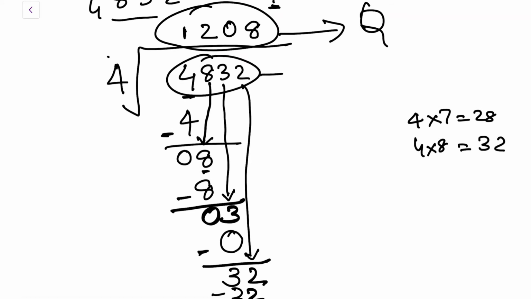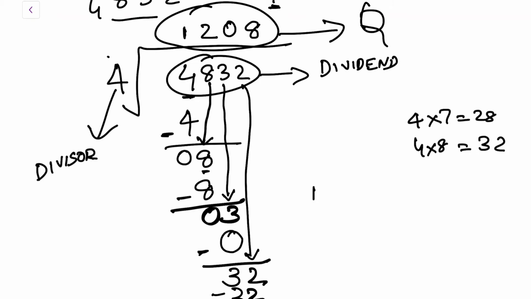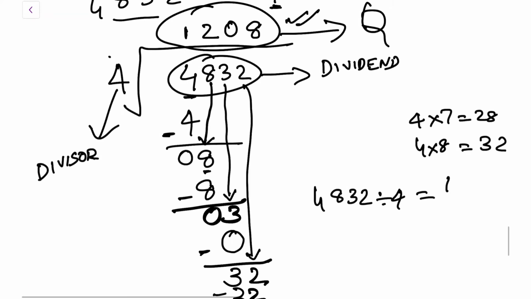Alright. This is your dividend. And this is your divisor. So the answer for 4832 divided by 4 is 1208, which is your quotient.